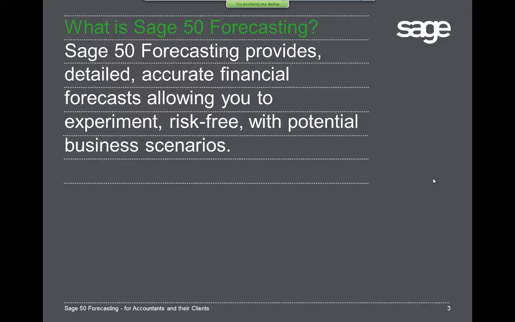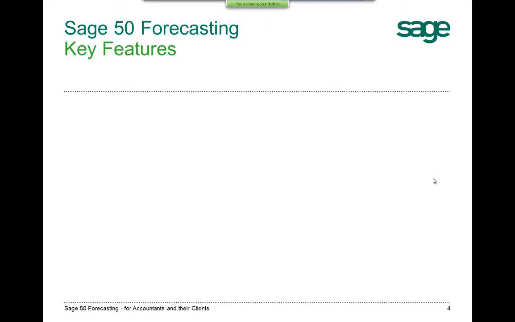So Sage 50 forecasting provides detailed, accurate financial forecasts which allow you to experiment completely risk-free with potential business scenarios. The key features of the software are that it can, using advanced what-if scenarios, produce quick, accurate financial forecasts on any business idea.